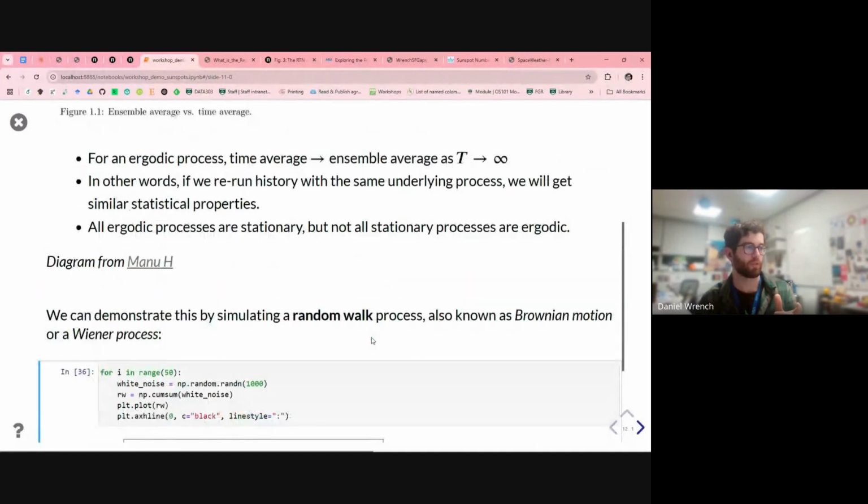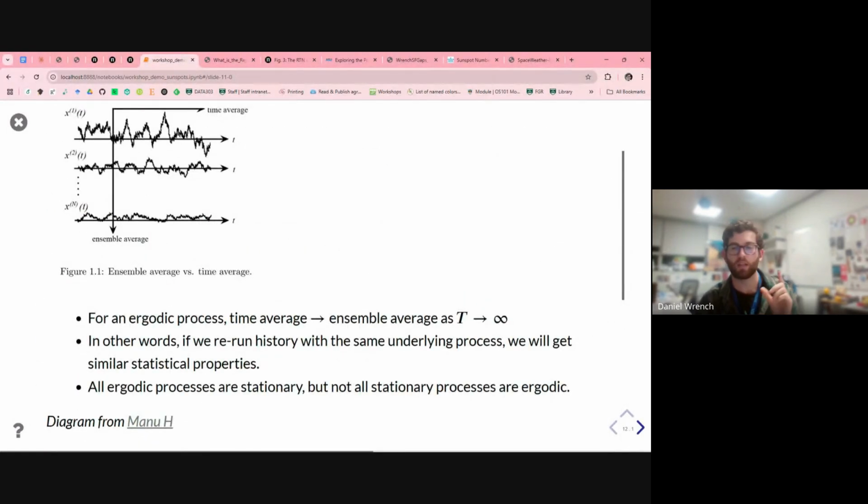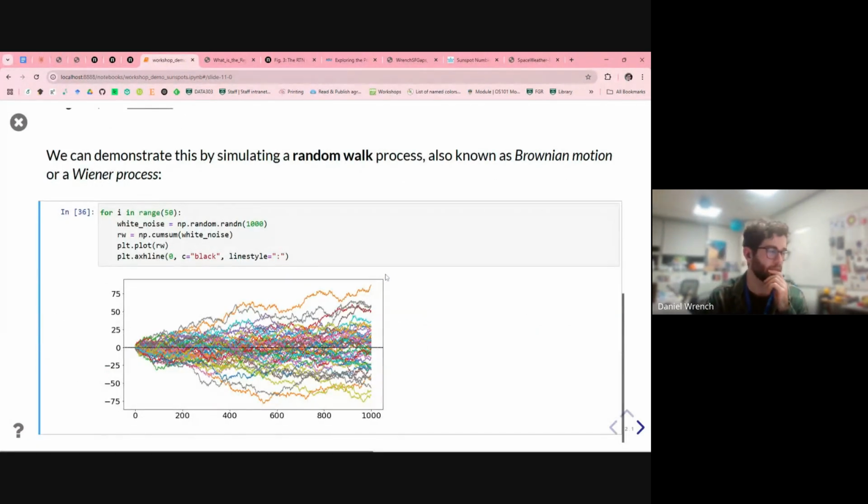Because one doesn't converge to the other, it's not ergodic. Okay, so that's stationarity and ergodicity, two key assumptions that you need to at least keep in mind if you want to be confident in how you're describing your time series.